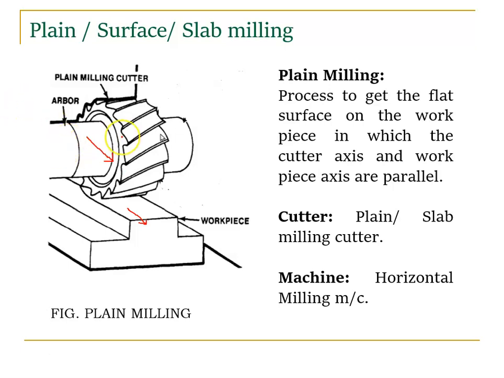This is done on the horizontal milling machine, because in the horizontal milling machine we know that we have an overarm. In the overarm there is an arbor, and we connect the cutter to the arbor. Whatever type of operation we perform, the tool's name reflects it. This cutter is the plain or slab milling cutter, and the machine we use is the horizontal milling machine. So this is plain or surface or slab milling.